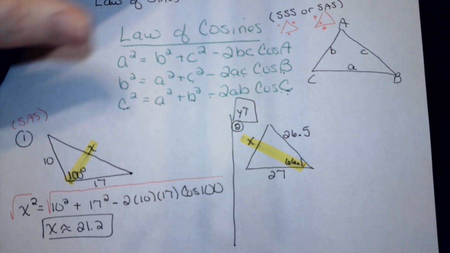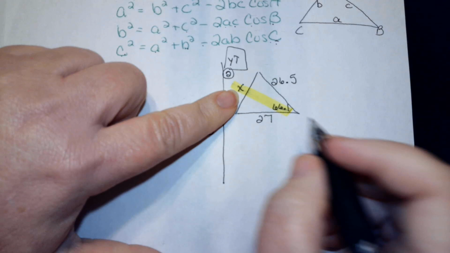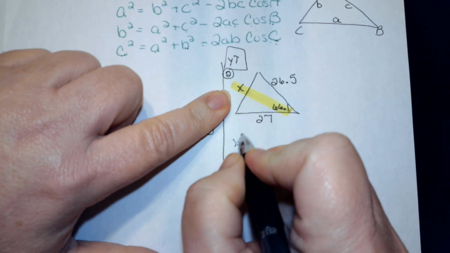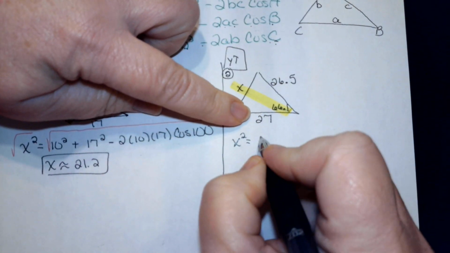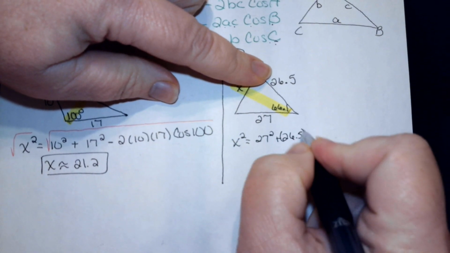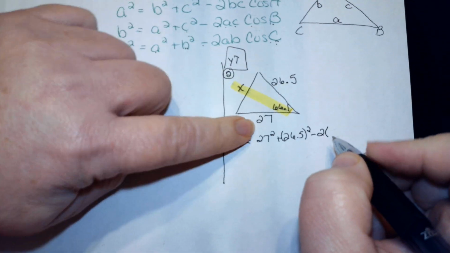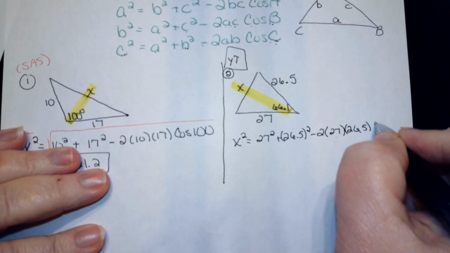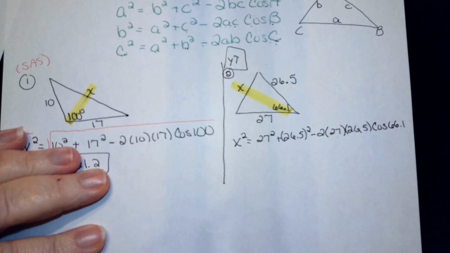All right, so let's see how you did. Alright, so here's my angle and the opposite side. I don't know my side, so I'm going to say x squared is equal to the sum of the squares of the two sides I do know. So 27 squared plus 26.5 squared minus 2 times the two sides I know, 27 and 26.5, times the cosine of 66.1.